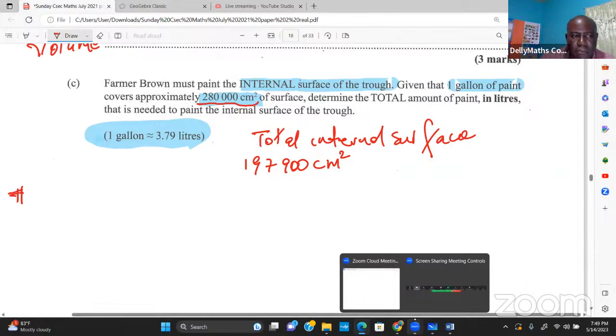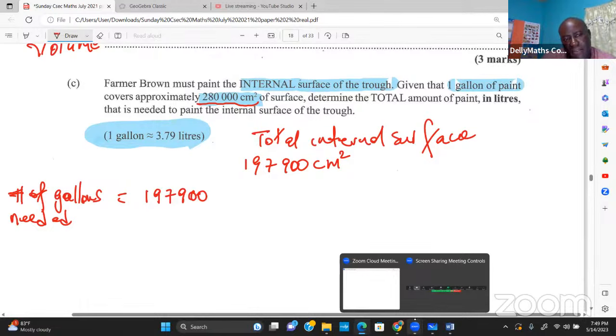The number of gallons needed is going to be 197,900 divided by 280. I want you to understand that there are many interpretations.